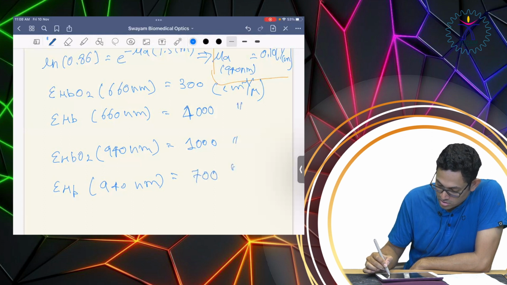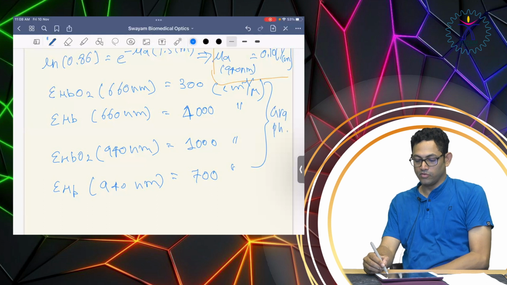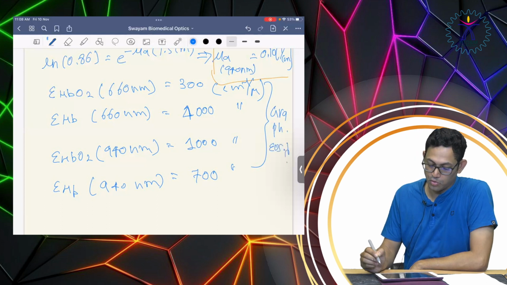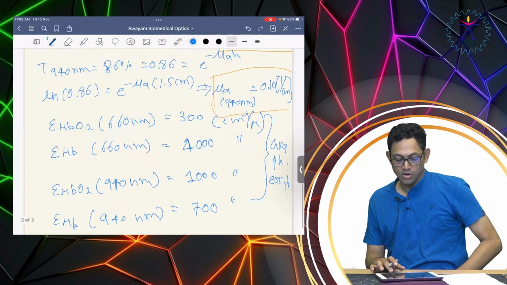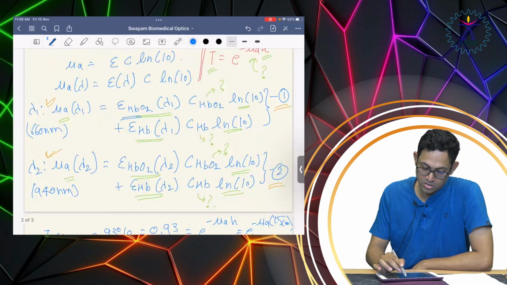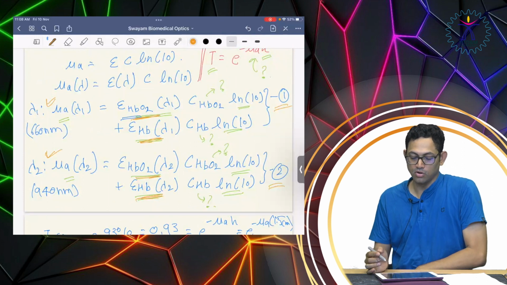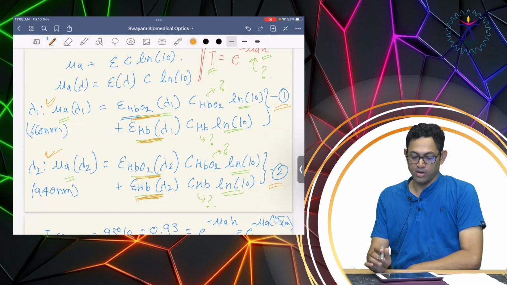So this is coming from the graph, the graph of epsilon versus lambda. Now you know these values, so you go back to our equation. Now you just need to substitute all of them and find the concentration of HbO2 and the concentration of Hb.